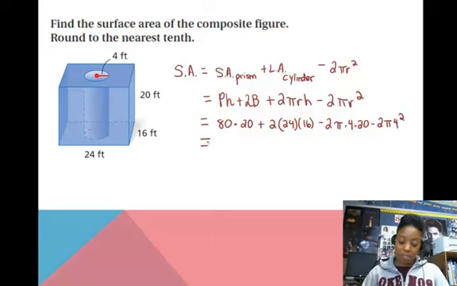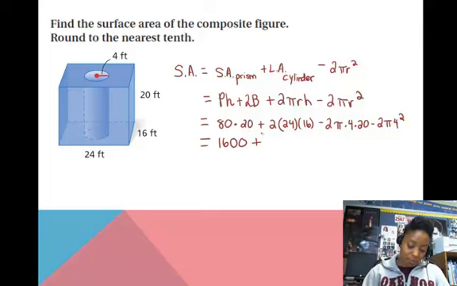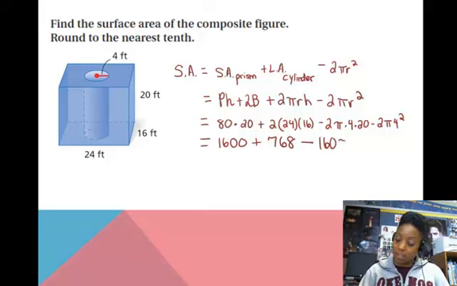So I'm going to simplify this as much as I can. That's going to give me 1600 plus 2 times 24 times 16, which is 768, minus, that would give me 160 pi, and then minus 4 squared is 16 times 2, which is 32 pi.